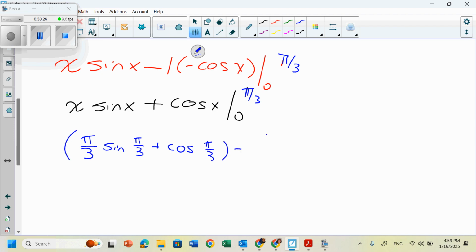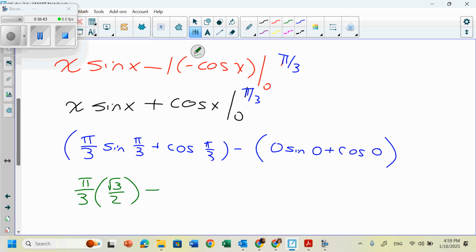The sine of pi over 3, yes, you should know your trig functions, is square root of 3 over 2. The cosine of pi over 3 is 1/2 minus, that is 0. The cosine of 0 is 1. So I have the final answer being pi square root of 3 over 6 minus 1/2. And there's my final answer.